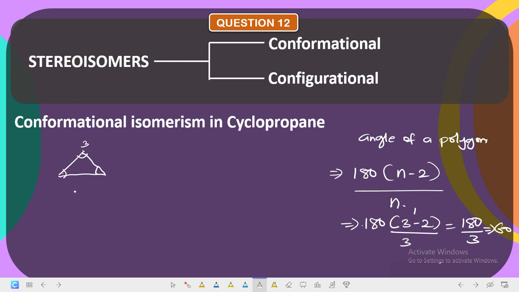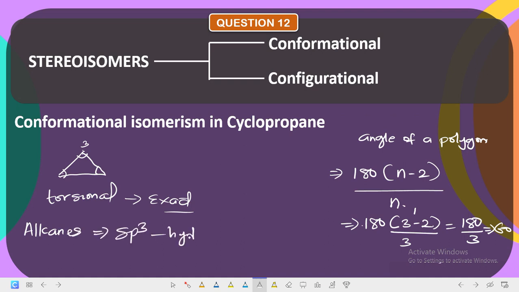Now, when we talk about torsional strain and the rest, we said it is the deviation from the agreed angle or from the exact angle. Now, normally, all alkanes, according to what we know, what kind of hybridization do they undergo? All alkanes are sp3 hybridized.